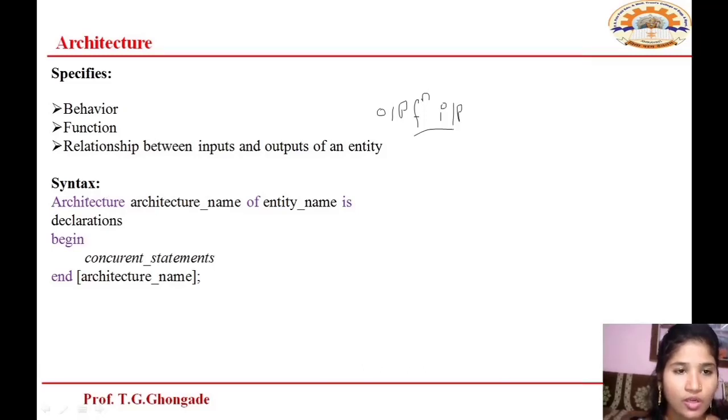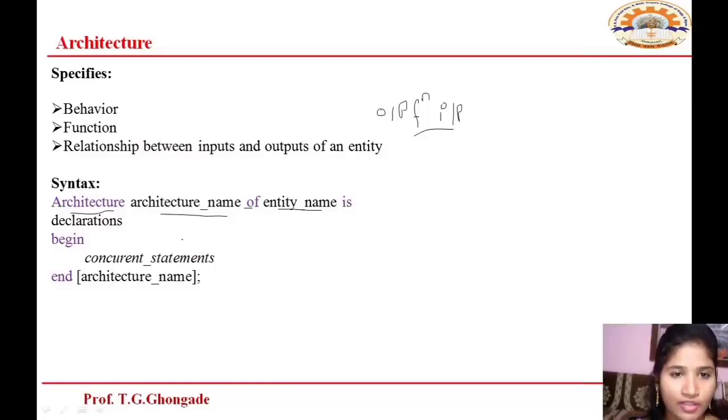Next, we know that the syntax of architecture is the architecture keyword, the name of architecture which is specified by you, that means the name of architecture is a user defined word, then of, then entity name. Your entity name must be the same as the entity of your design.